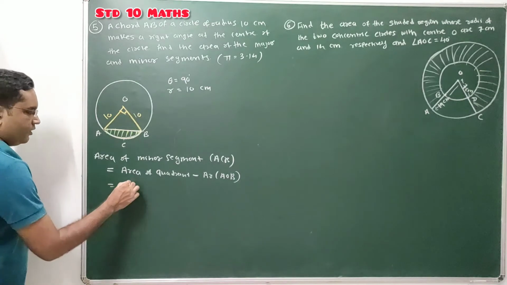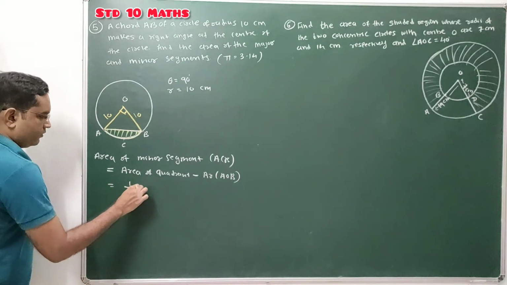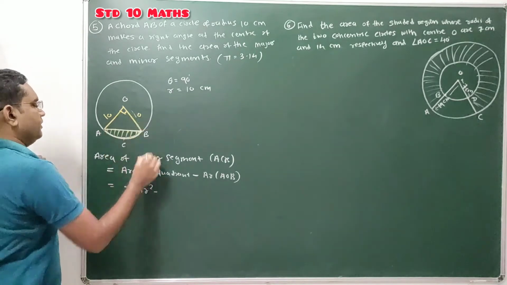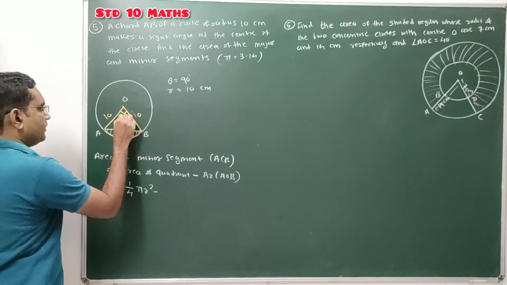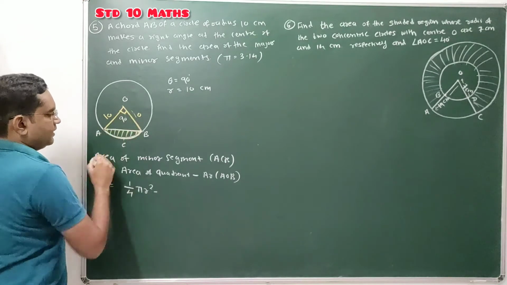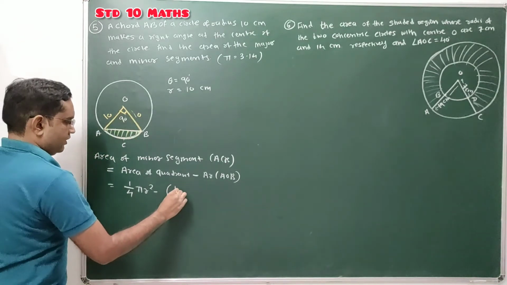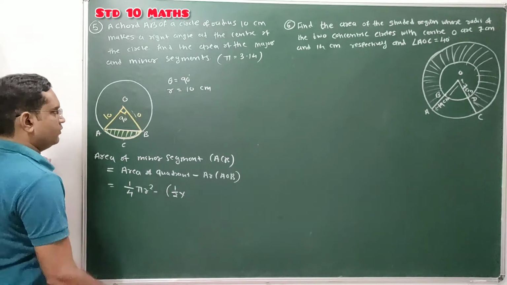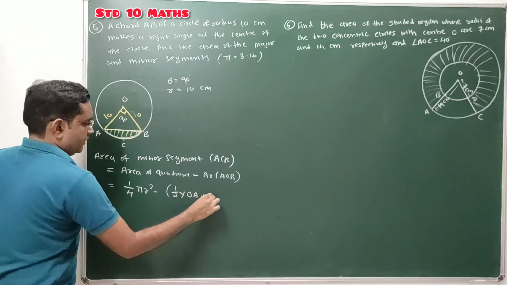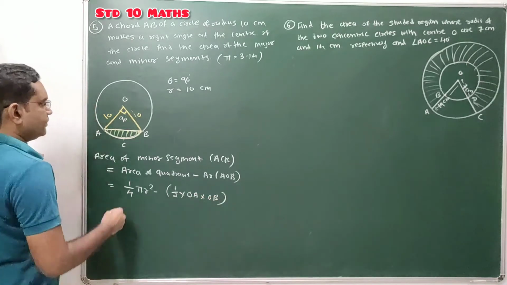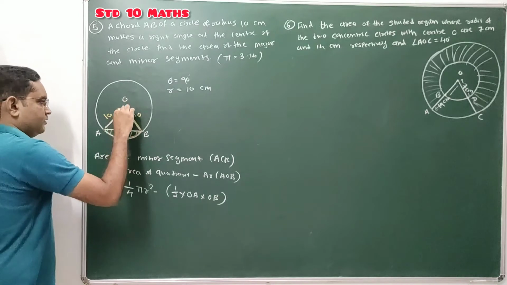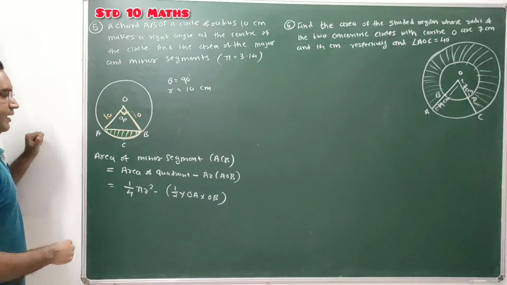This is equal to the area of quadrant, 1 by 4 pi r square, minus area of triangle AOB. Here chord AB makes a right angle, that is 90 degrees, at the center of the circle. So AOB is a right angle triangle. So its area is 1 by 2 into the product of the sides making the right angle, OA into OB. This is base, this is corresponding height.